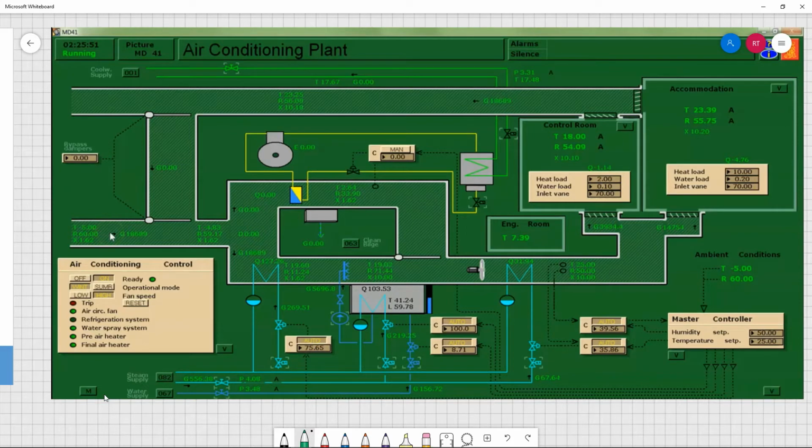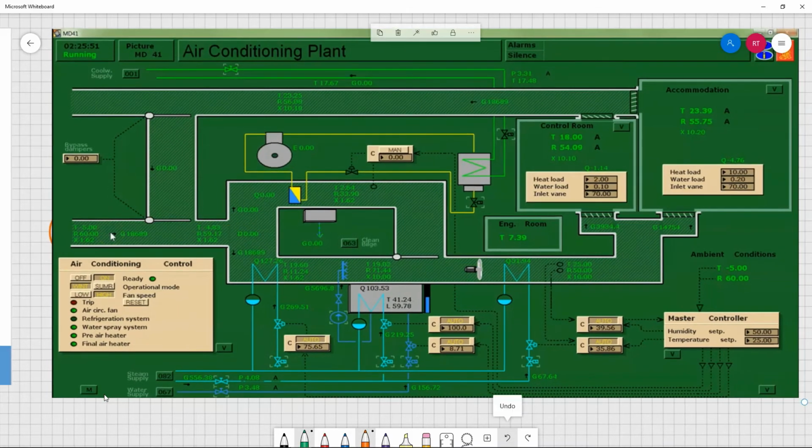So we had our intake air, and it passes through our system sort of that way. What we have is, first of all, a heater, a spray humidification system, and then a final heater in order to finally condition our air.